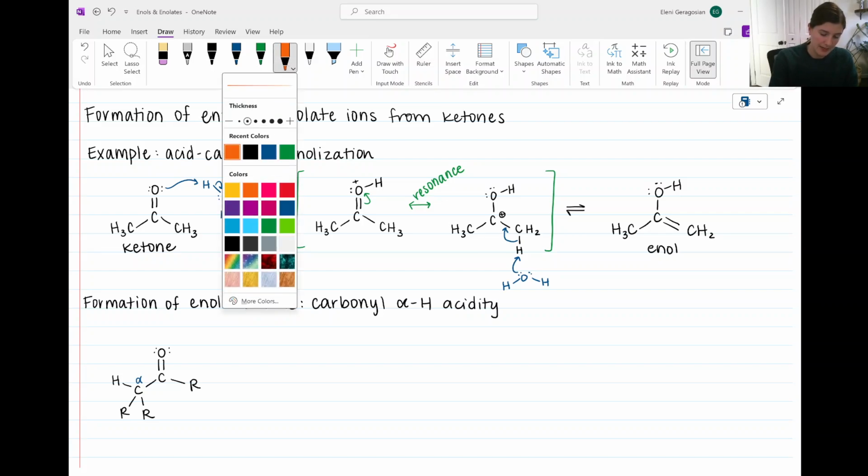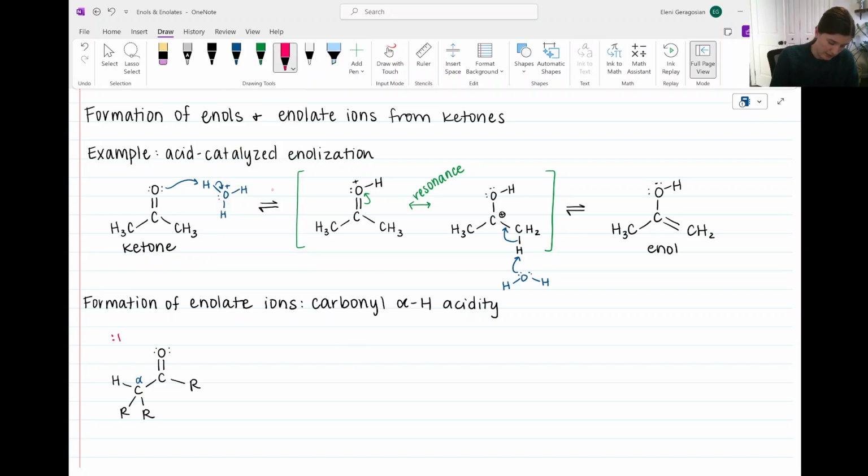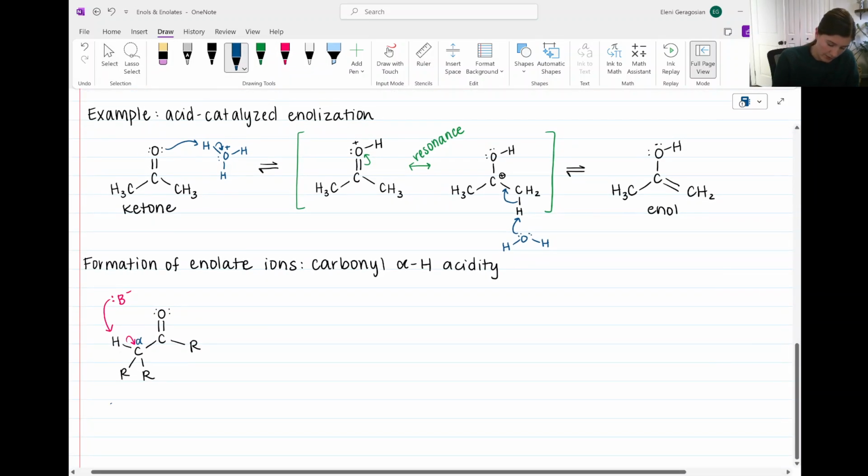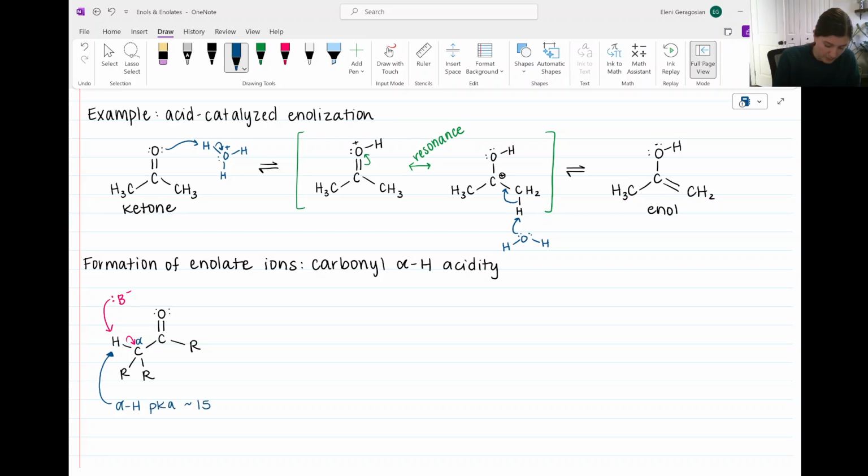So if we have a base present, we'll just say B to abbreviate the word base. We'll say it's a strong base, negatively charged. This base can remove that alpha hydrogen, and then we put electrons onto the carbon. So the alpha hydrogen here, if we're talking about the alpha hydrogen on a ketone, the pKa is about, depending on the structure, 15 to 25.